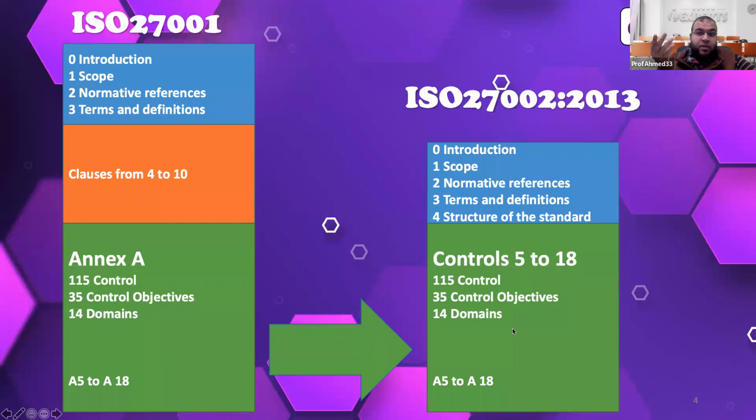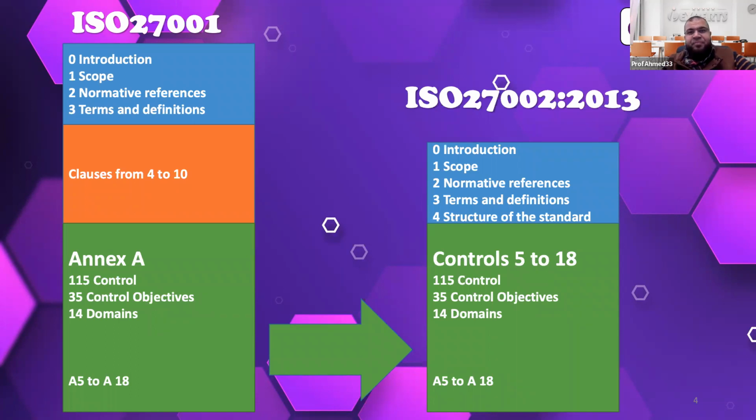You can see 27002 has 2 parts. The first part is highlighted in blue: introduction, scope, normative references, terms, definitions, structure, standards. So the real controls start from number 5. Because of this, it is number 5 here. I hope this is clear for you.